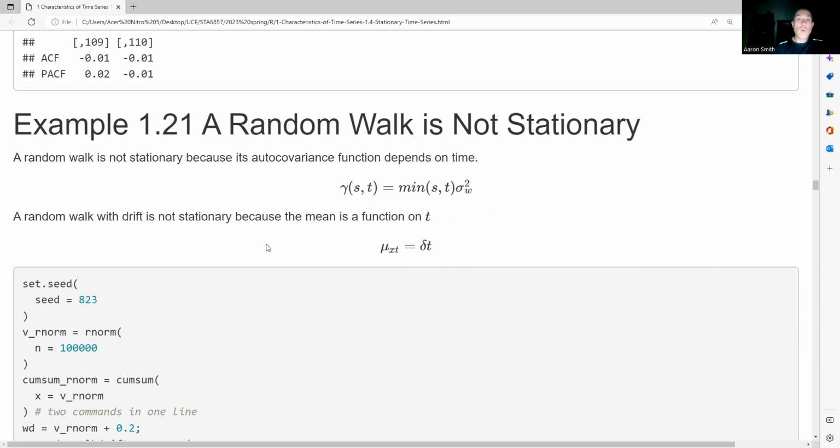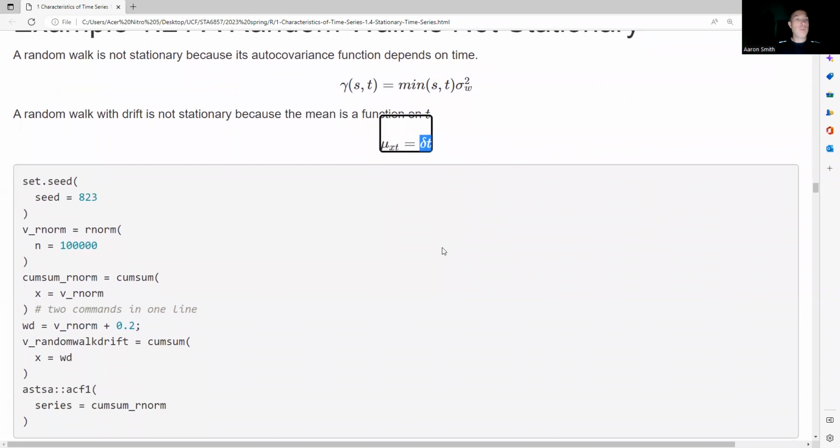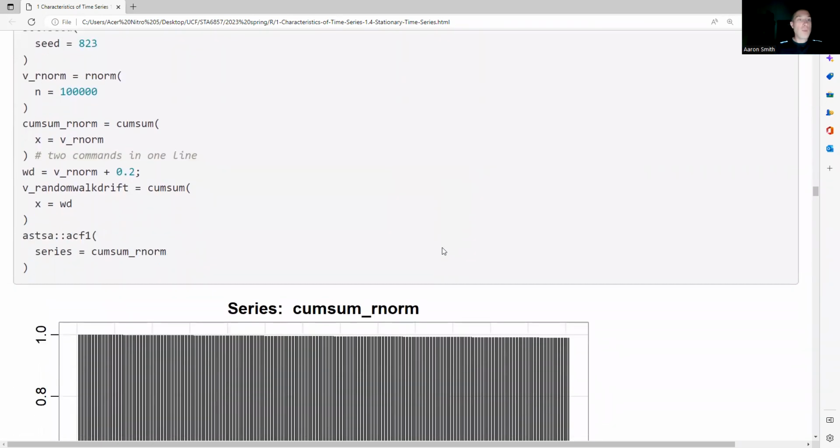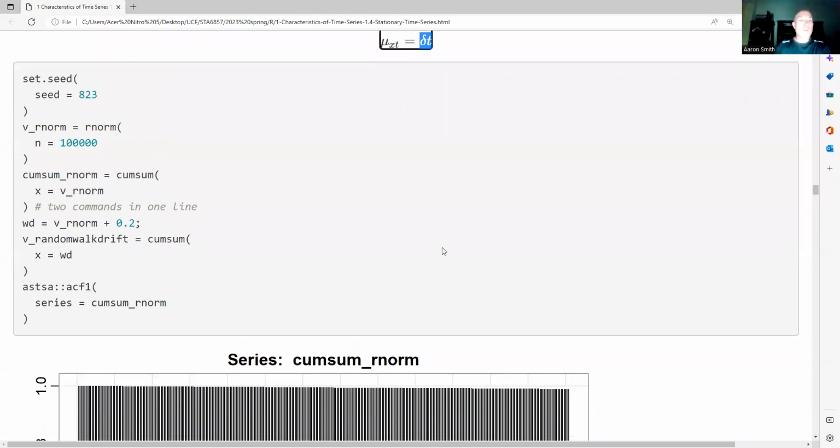Also, to further this point, if I have a random walk with drift, it's not stationary either, because I have the coefficient times the drifting time as the expected value. So we can see that a random walk with drift is also not stationary, for two reasons. And we can run an example just to look at this.